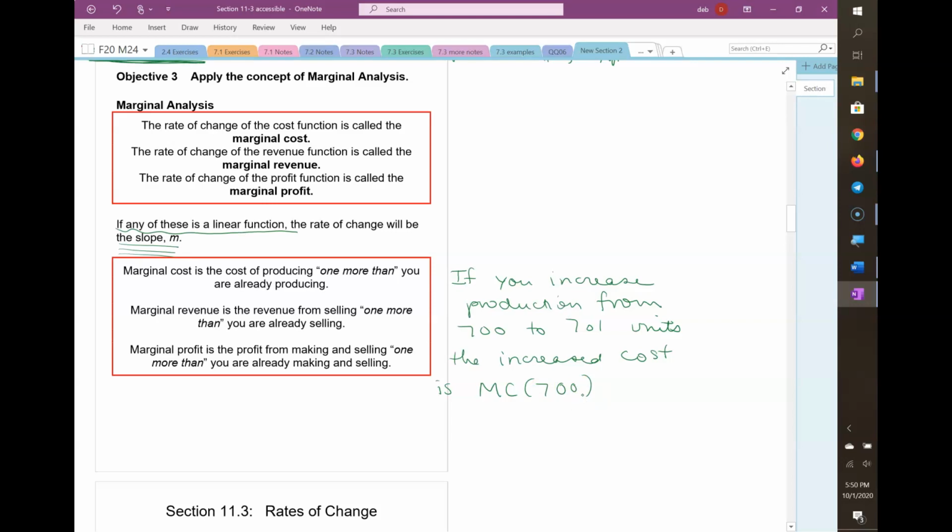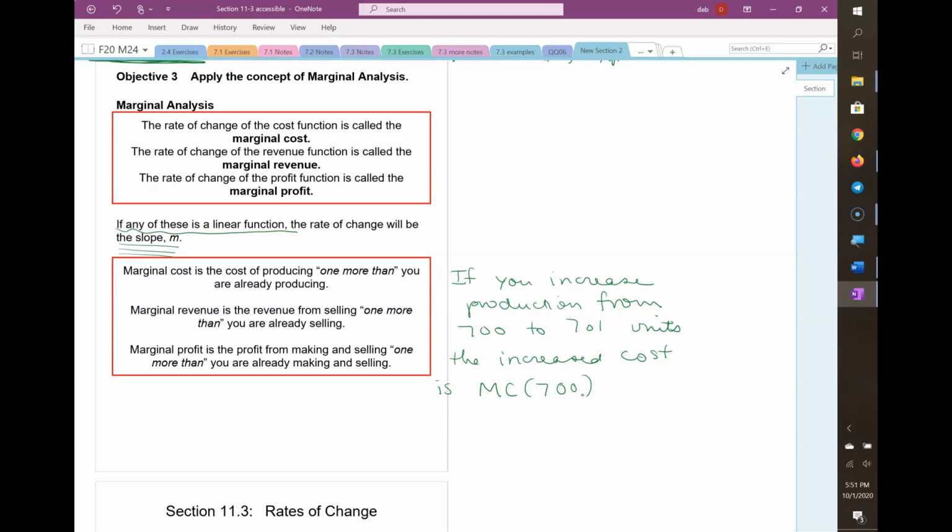So you take the marginal cost function that you find, and if you plug in 700, you get just the approximate cost of increasing from 700 to 701. So just the difference, okay?